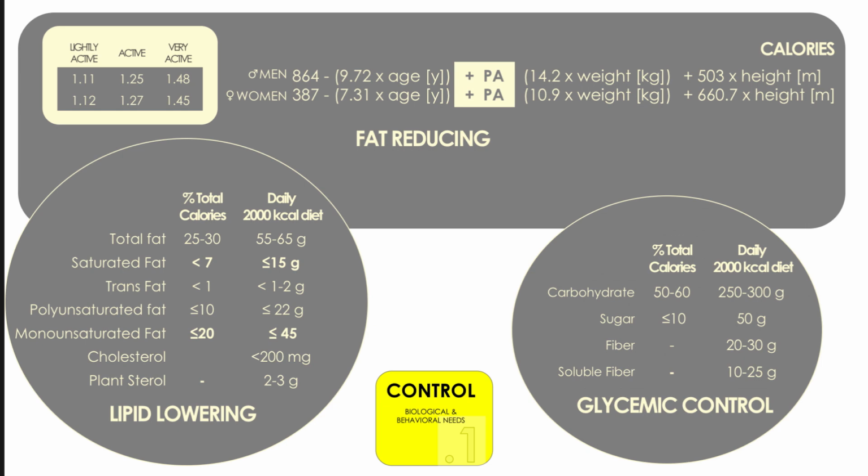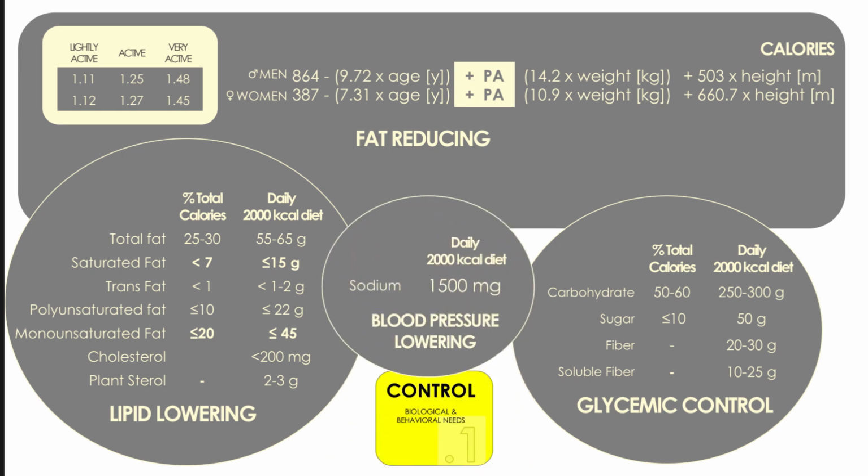Glycemic control is another big factor in the diet to prevent and regress symptoms of disease. Basically, foods that have a high glycemic response cause a really high insulin response. And we'll get more into this, but insulin responses are pro-inflammatory. So if we can limit that glycemic response by modifying the types of sugars and making sure we have fiber and soluble fiber, we can limit that glycemic response and that inflammatory response.